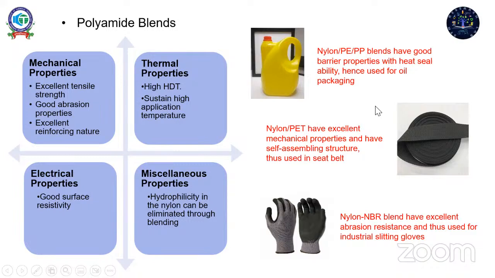Again, nylon when blended with polyethylene terephthalate gives excellent mechanical properties and can have a self-assembling structure, for example seat belts, which are used in cars. Then nylon NBR blends have good abrasion resistance. Therefore, they can be used in gloves.